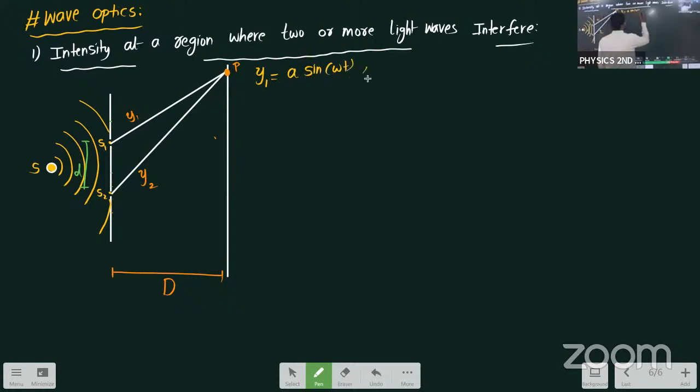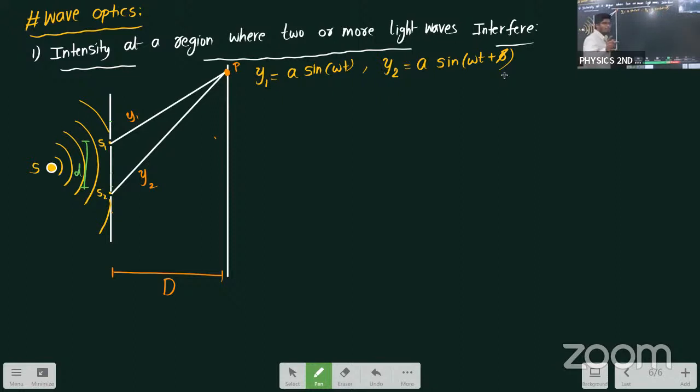And the displacement of the second wave, y2 is equal to a sine omega t plus phi, with some phase difference phi. These are the two waves. Now see here, both the waves are meeting here.